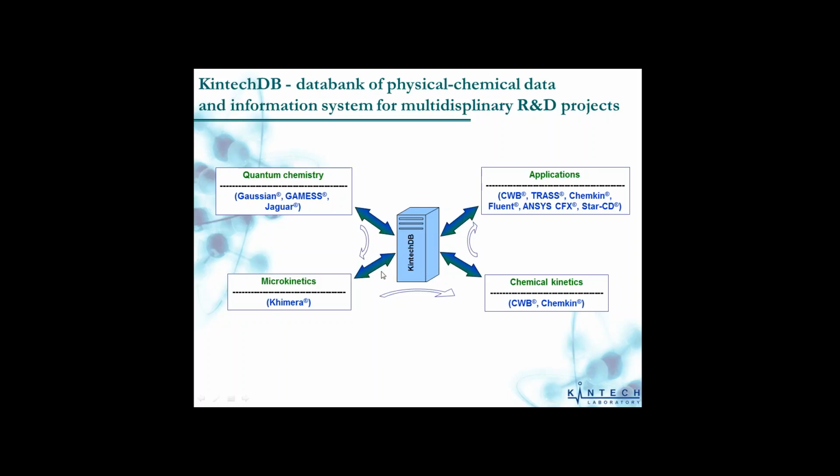Information can be delivered from quantum chemistry, and there is a special interface which understands the output of quantum chemical programs like Gaussian, GAMESS, and Jaguar. Quantum chemical data can be transferred to our database, and this data can be used by the Chimera code to calculate rate constants and cross sections of elementary processes.